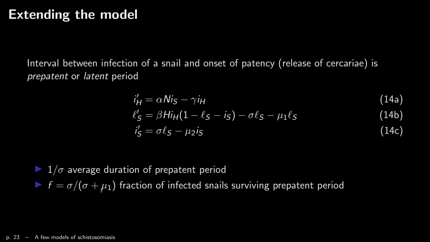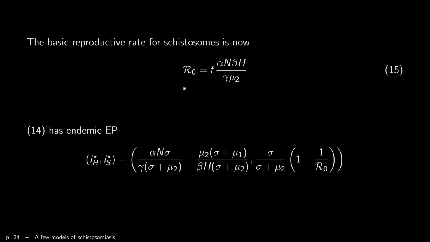Okay. And it's used here to compute the basic reproductive number for schistosomes. So instead of, as it was before, we add this F here, which is how many snails, or the proportion of snails that survive the pre-patent period. In this case, we also have an endemic equilibrium.